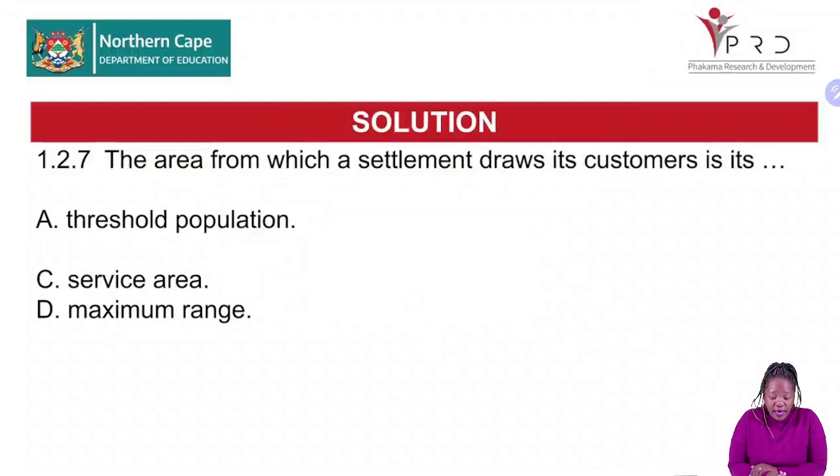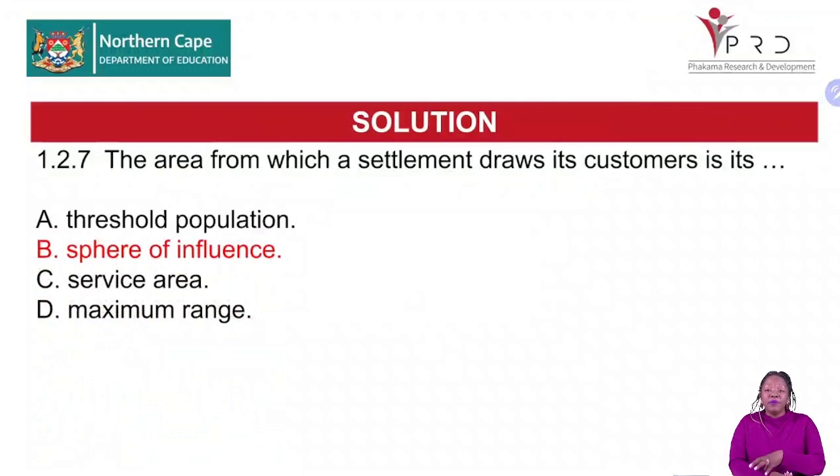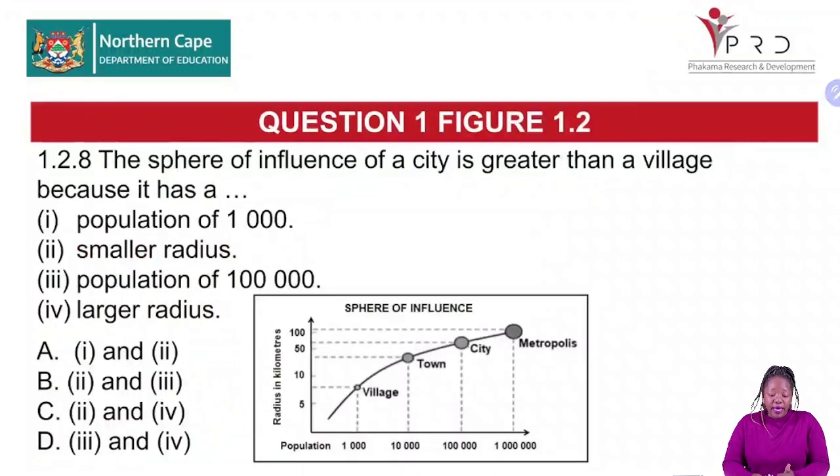So there, the area from which a settlement draws its customer, we call it a sphere of influence. So where as a business you have mostly of your customers coming in that area, so that area will become your sphere of influence. Then question number 8, we've got a combination.